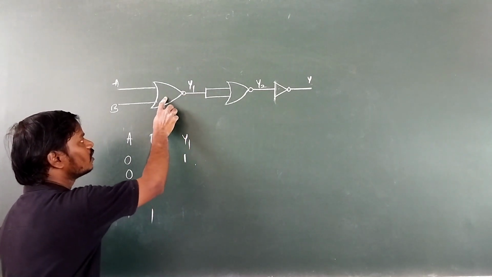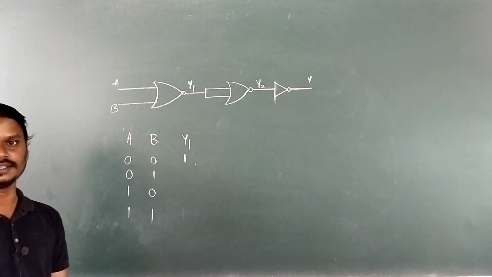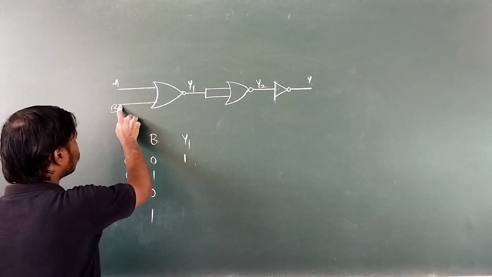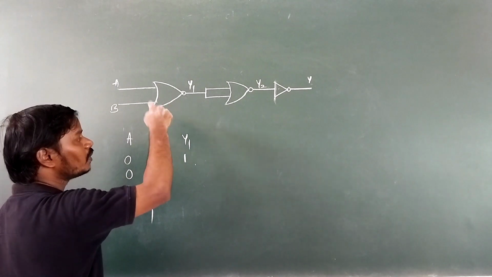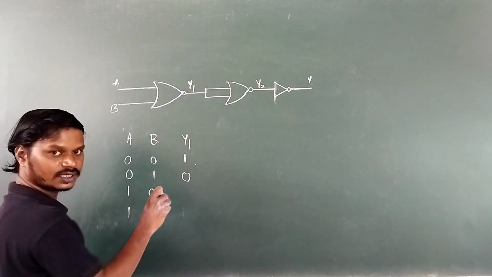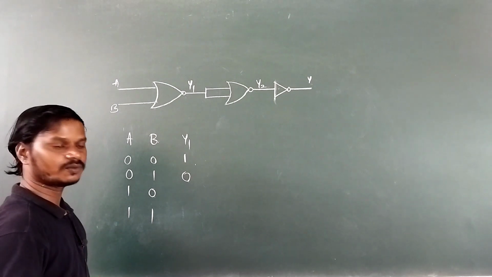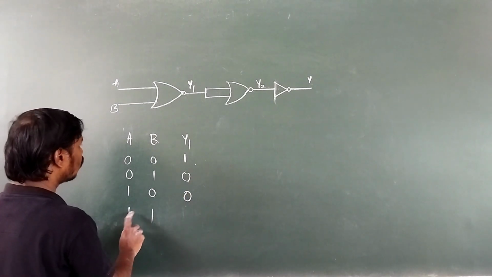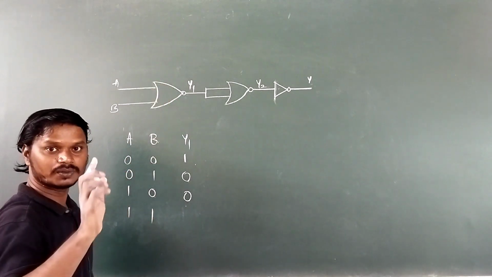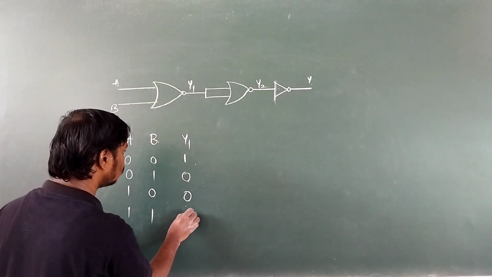So y1 is the output for the first NOR gate. Next one, 0 or 1, that is 1, then complement of 1 is 0. 1 or 0, that is 1, then complement of 1 is again 0. 1 or 1, because it is NOR gate, 1 or 1 is 1, then complement of 1 is 0.